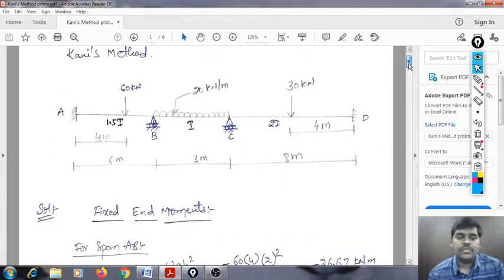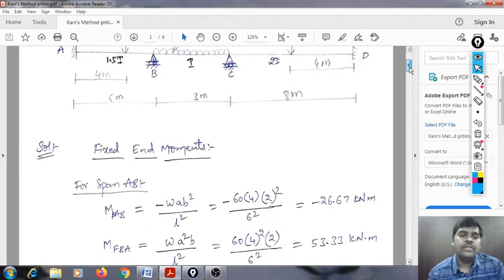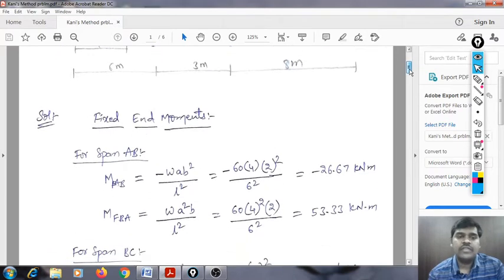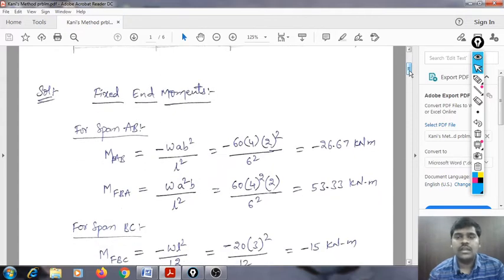The first step is to find the fixed end moments, for which we have formulas already studied in structural analysis 1 while doing the slope deflection method. Span AB has an eccentric load of 60, where distance a is 4 and distance b is 2.